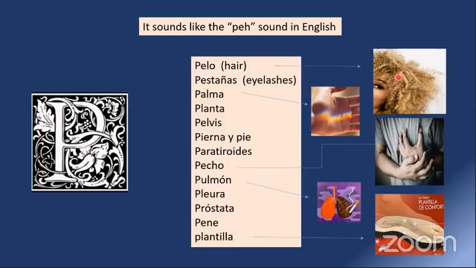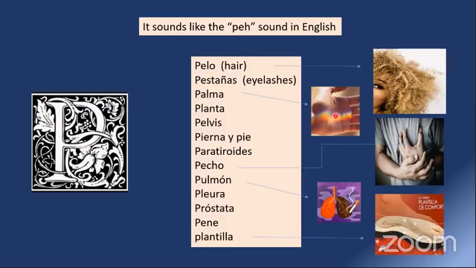So pelo is hair. What's pestañas? Pestañas, eyelashes. Palma. Palma is that part of the hand that I am showing here. That is the palma in anatomic position, the front.